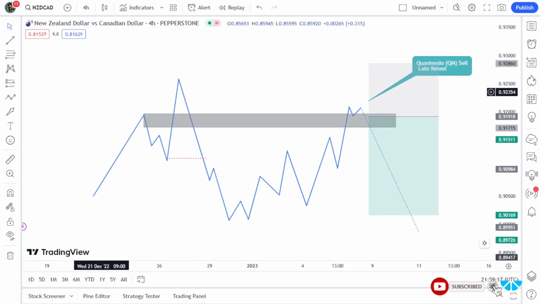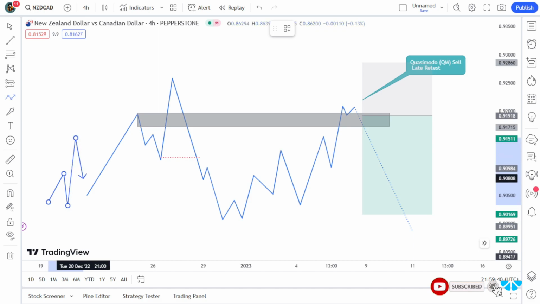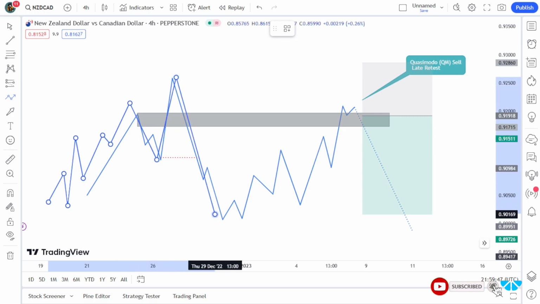Now, one thing you need to know when trading the Quasimodo pattern is that you must always check your market structures. If you're trying to buy a Quasimodo pattern, buying must always be in a downtrend, while if you're trying to sell a Quasimodo pattern, selling must always be in an uptrend. An uptrend has been making maybe higher highs, higher lows, higher highs, higher lows, before breaking the market structure.